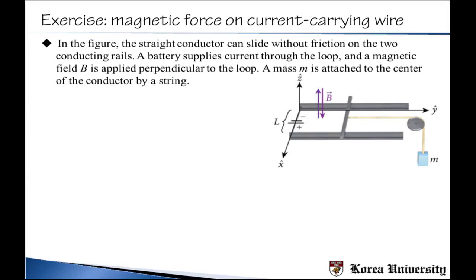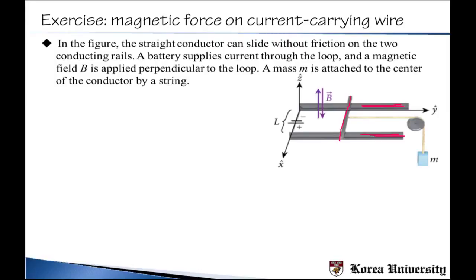Now let's try a very simple exercise about magnetic force acting on current carrying wires. Here we have in the figure two conducting rails running along the y-axis, and they are not moving. And there is a straight conducting bar which is placed on top of these rails, and it can move.